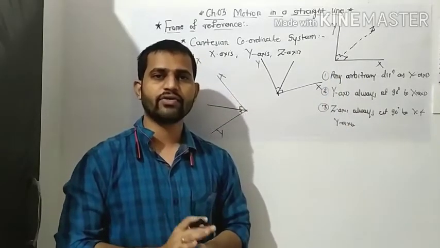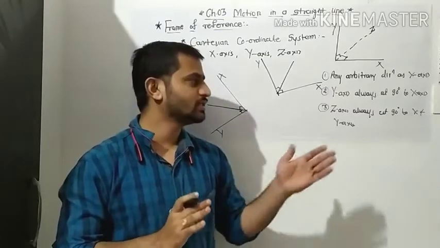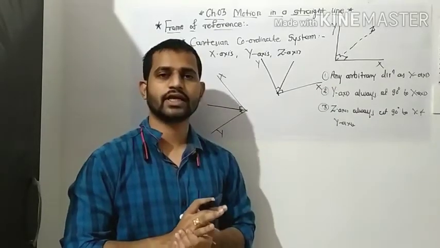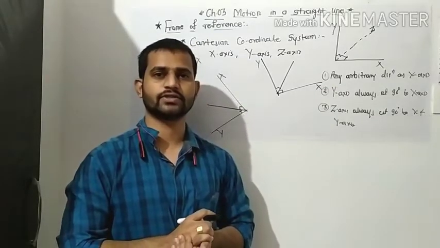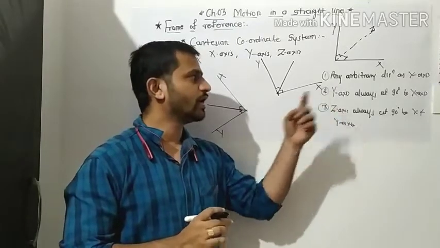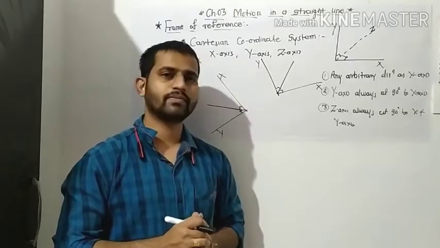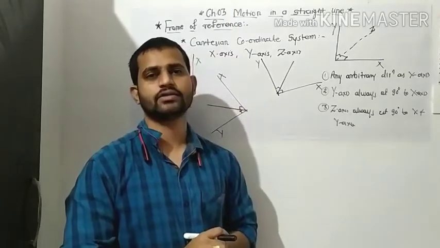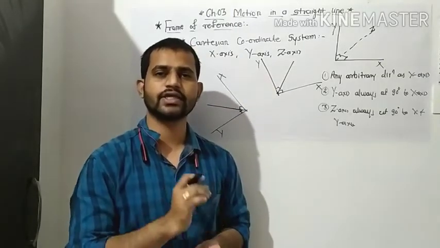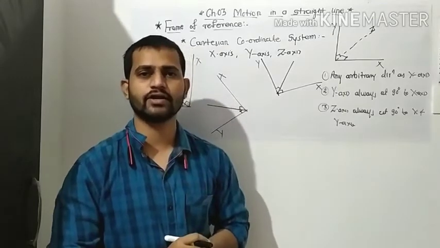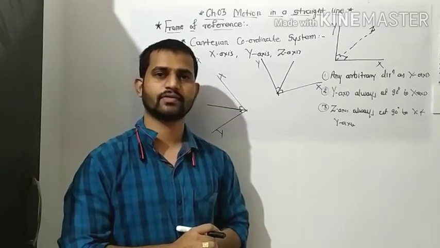Okay, so we have to follow these three rules for considering any system as a Cartesian coordinate system. Any arbitrary direction can be the x-axis, then the y-axis must be at 90 degrees to the x-axis, and the z-axis always at 90 degrees to the x-axis and the y-axis.